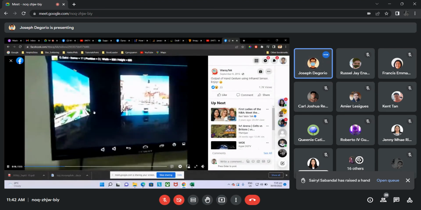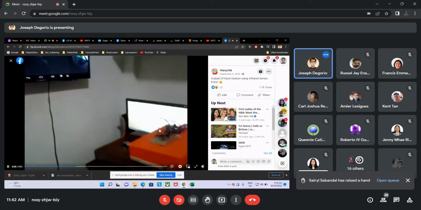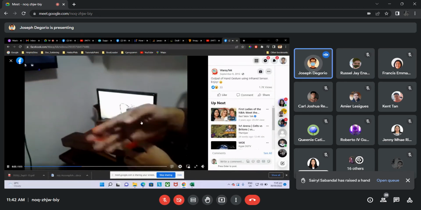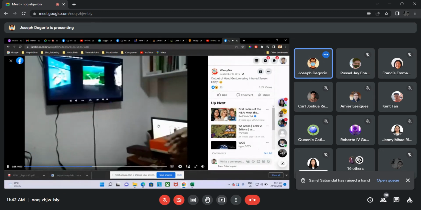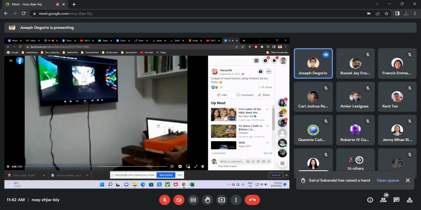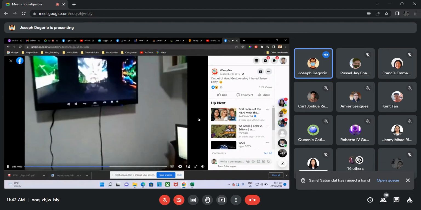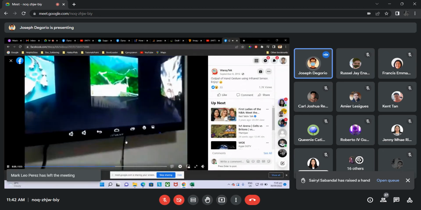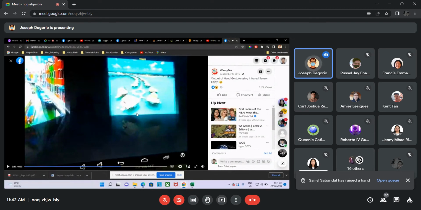Then I created my own sensor that will move the images. So actually, in the IoT concept, you can create your own device if it is not available in the market.